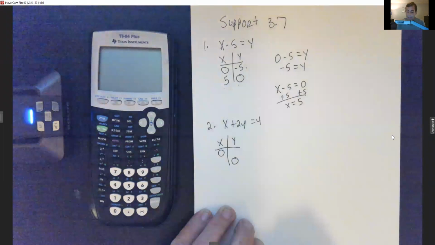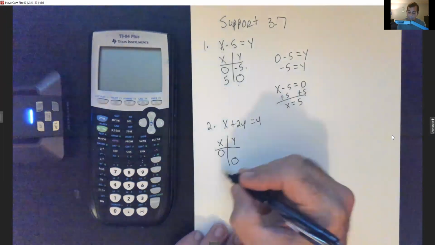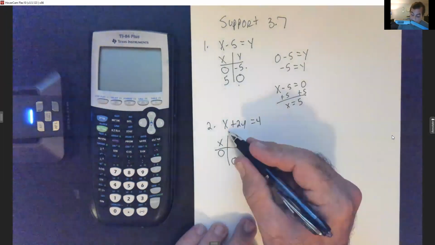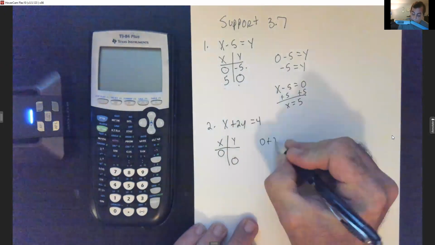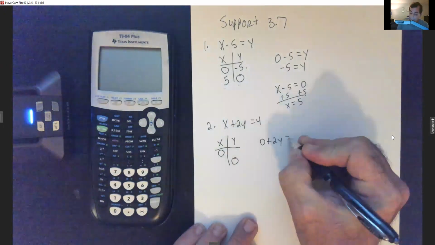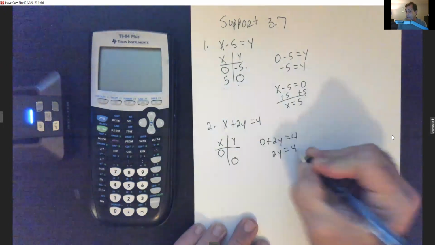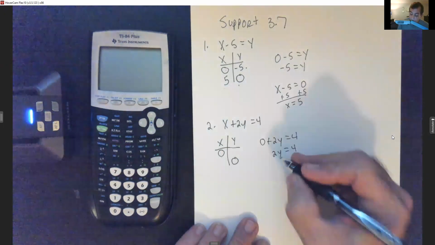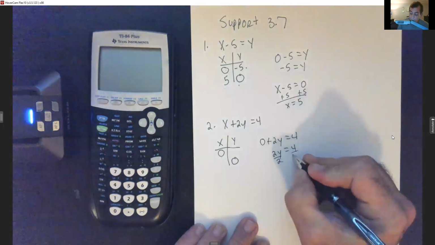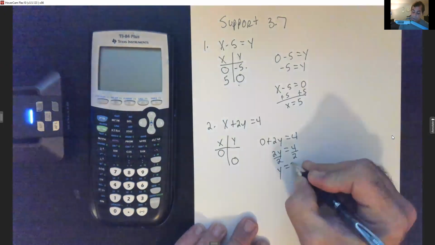So that gives me my y-intercept and an x-intercept. So first put a 0 in for x. So 0 plus 2y equals 4. That's just going to give you 2y equals 4 because anything added to 0 is itself. And then to solve that, you would divide by 2 so that y equals a positive 2.